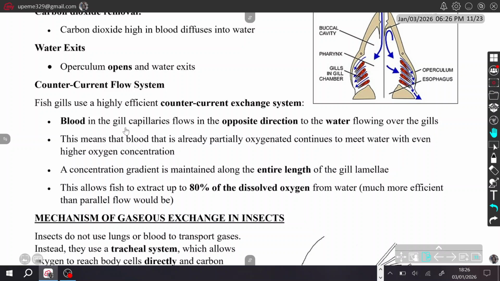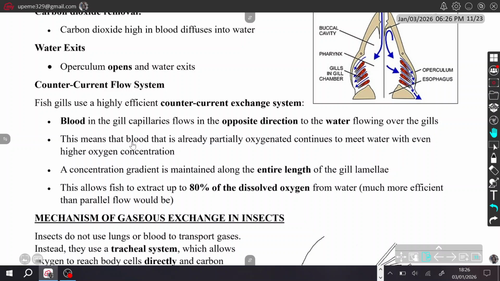Blood in the gill capillaries flows in the opposite direction to the flow of water over the gill. So if water is moving like this, blood flows in the opposite direction. That's what we mean.